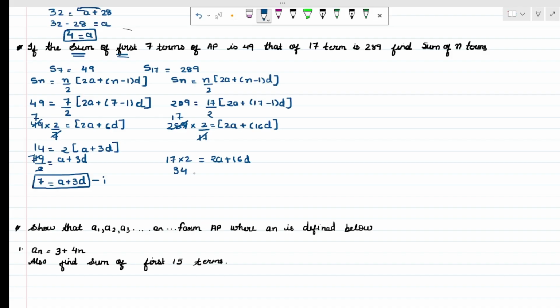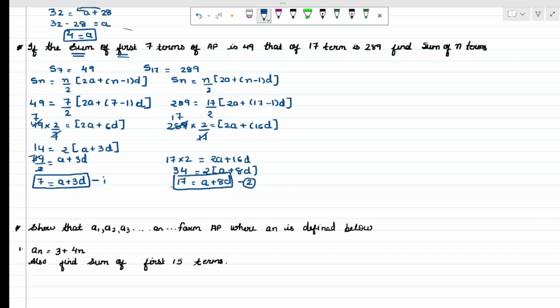You will get 34 is equal to, now what you can see over here, my 2 is common. So take out your 2 as common: A plus 8D. Now 2 is going down, that means you will get 17 is equal to A plus 8D. This is my equation number 2.